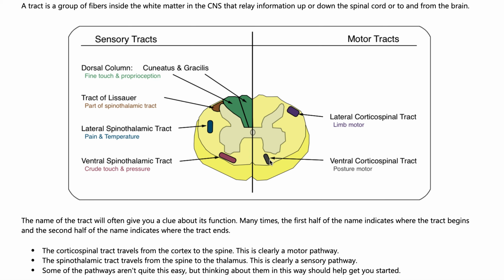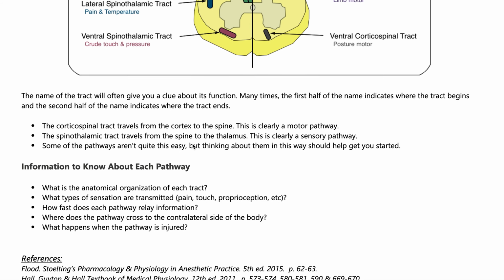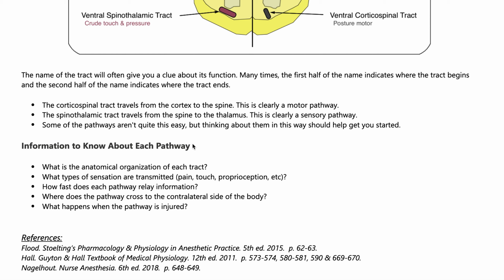And they are called the corticospinal tracts because they originate from the cortex and travel down the spinal cord, as opposed to the sensory tracts are called spinothalamic tracts because they originate in the spine or the spinal cord, and they travel up to the thalamus, which is of course then sent to be interpreted by the cortex.